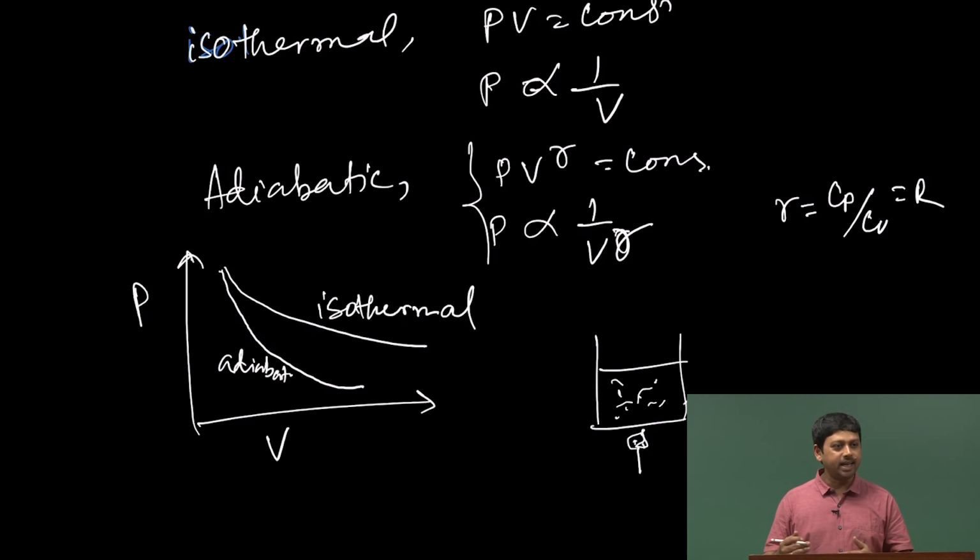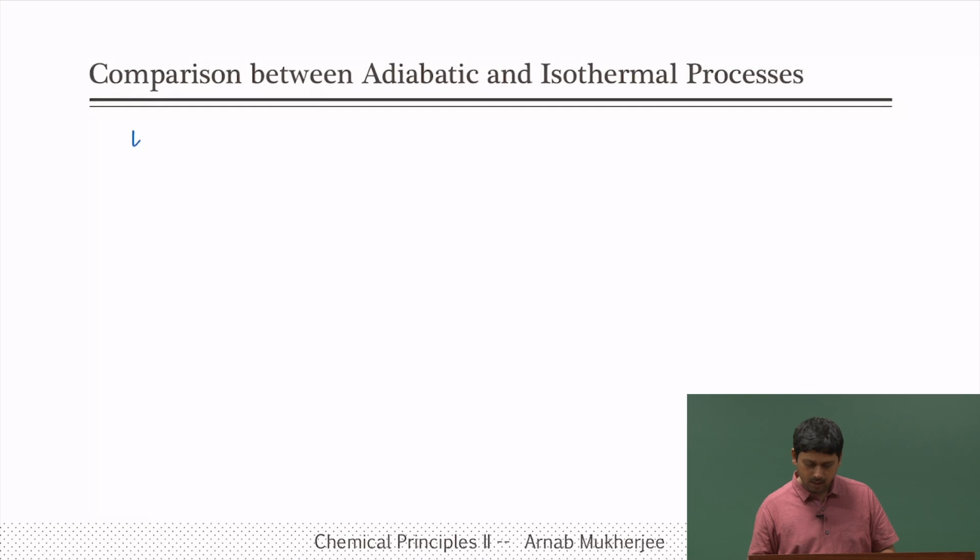In the adiabatic case there is no heat going inside, so pressure is falling according to the expansion in volume alone, with no compensation coming from outside heat. That is the reason the pressure is lower in adiabatic processes compared to isothermal processes.